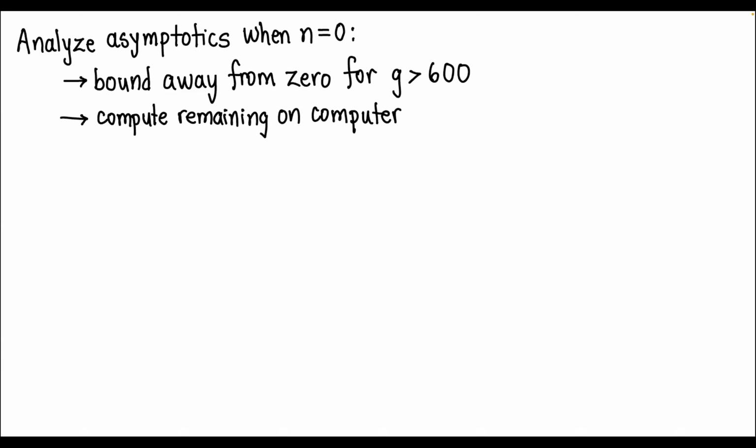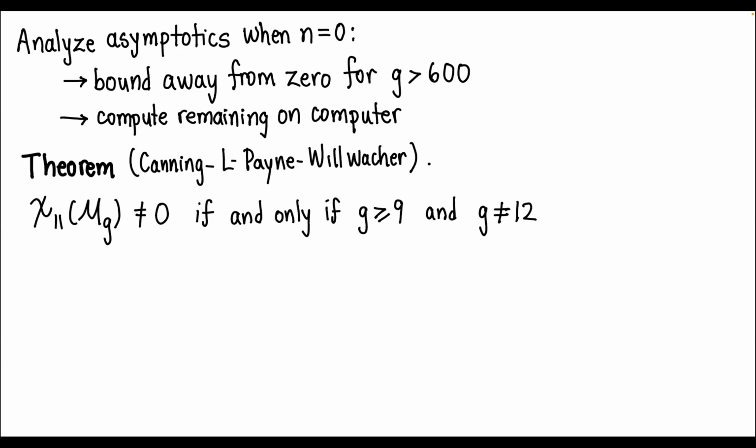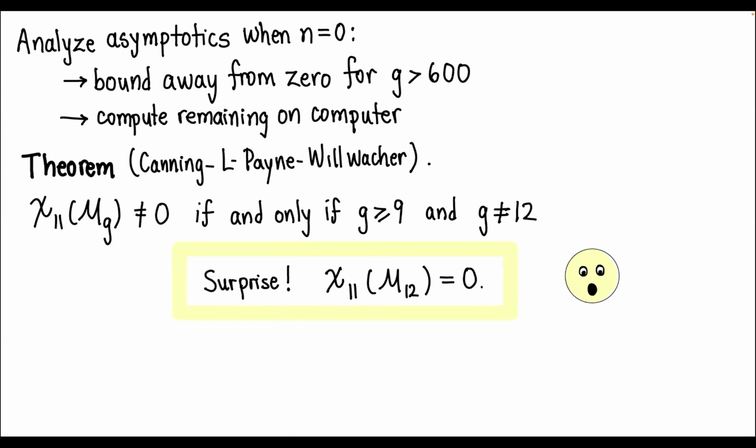Yeah, and the result that we find is that the weight 11 Euler characteristic of M_g is non-vanishing, so the point count cannot be a polynomial, if and only if g is at least 9 and g is not equal to 12. So in other words, there is a surprise that happens. The weight 11 Euler characteristic of M_12 vanishes.